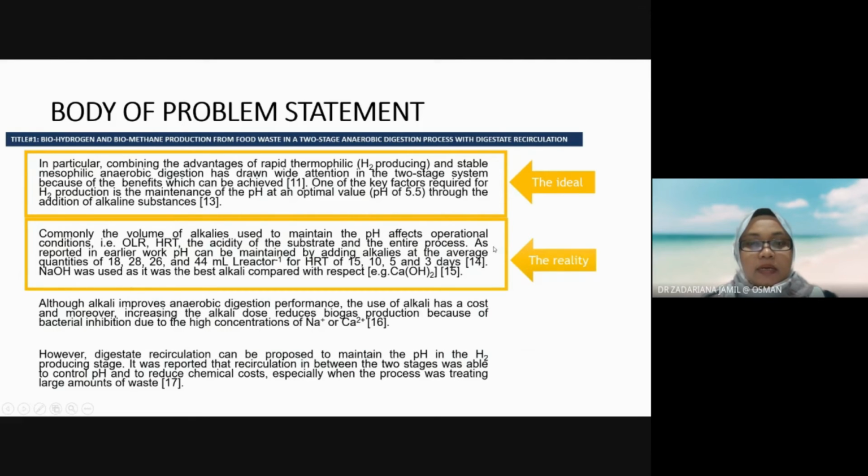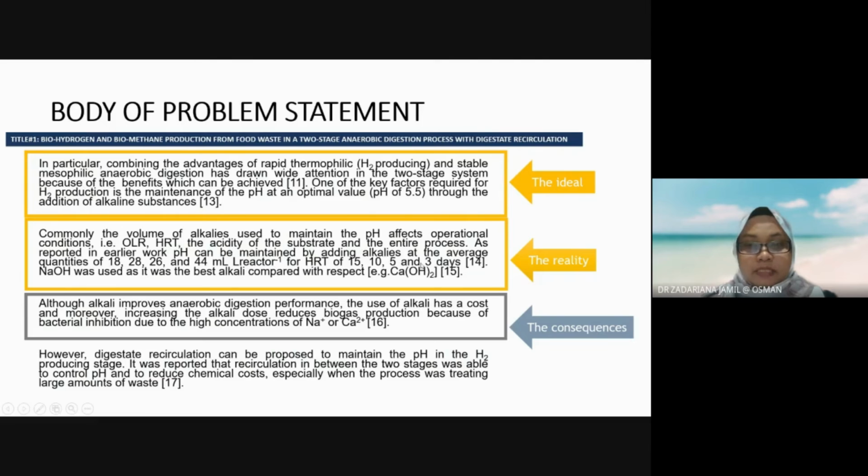So that means, in reality, they add the sodium hydroxide in the reactor to maintain the pH. So what is the consequence of adding alkali?